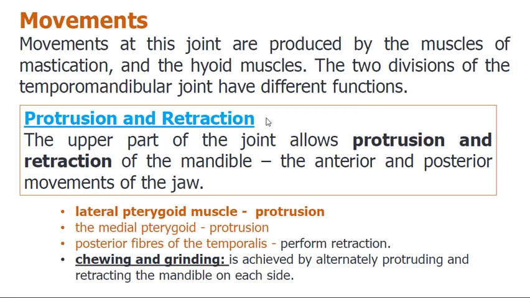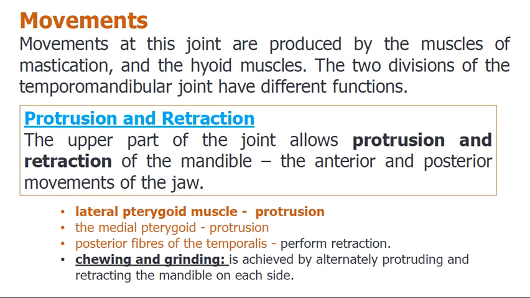Now the two compartments of the joint have two different functions or movements. For example, in the upper compartment of the joint cavity, we have protrusion and retraction of the mandible. This happens at the superior compartment of the joint, and it is caused by the following muscles, mainly the lateral pterygoid muscle causing protrusion.